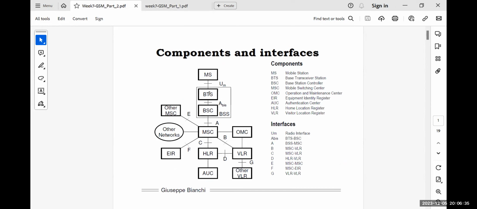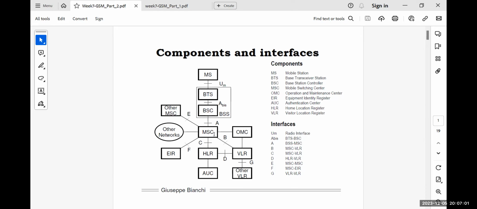And the interface between the BTS and the BSC is the A-bis interface, right? And the interface between the BSS and the MSC is known as the A interface. So you can say all the components that are between this BSS and MSC, that is the A interface.